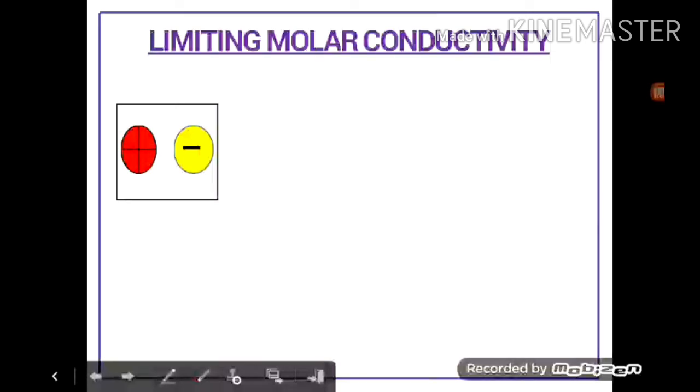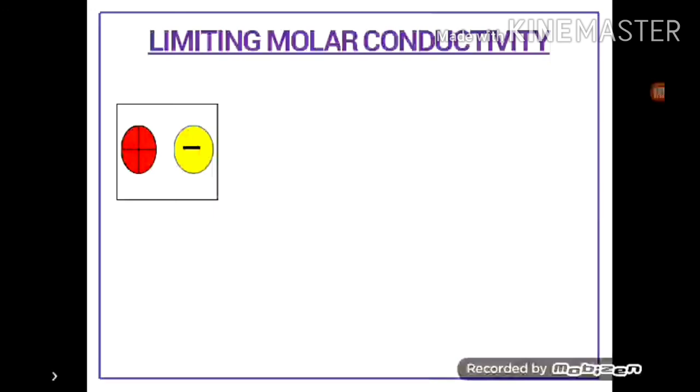Suppose these two ions, one is cation, one is anion. If we join them, they form an electrolyte, so the number of moles of electrolyte is 1. In place of 1 mole of electrolyte I am saying 1 molecule, so 1 molecule of electrolyte means 1 cation, 1 anion.